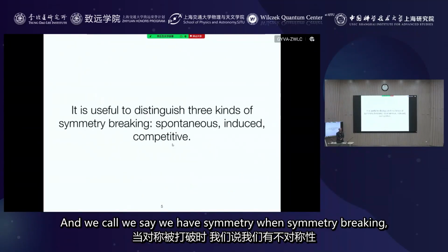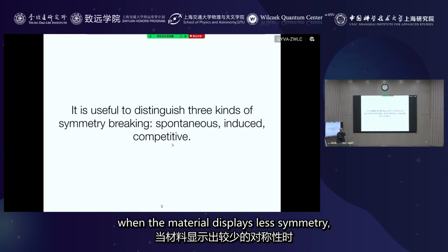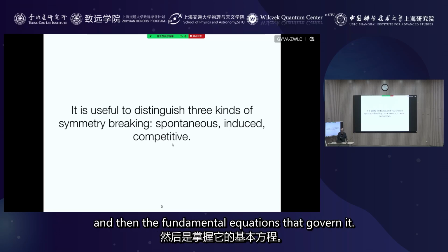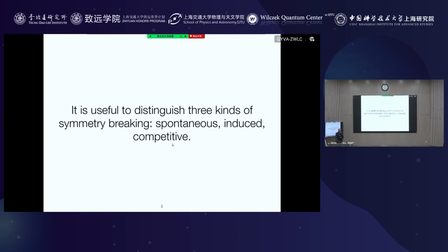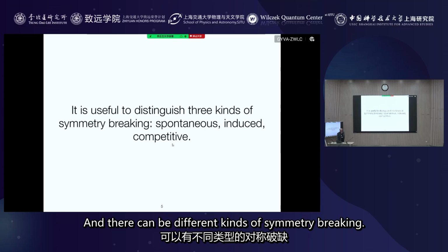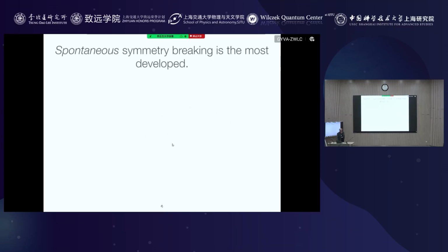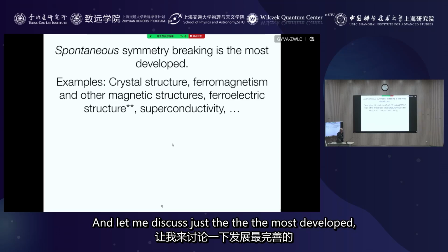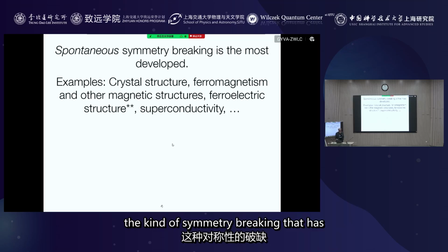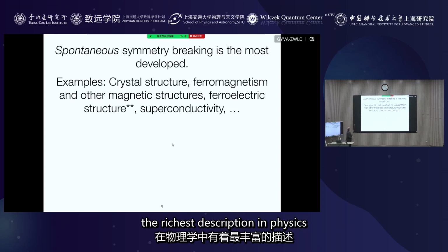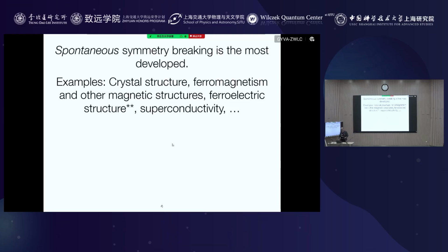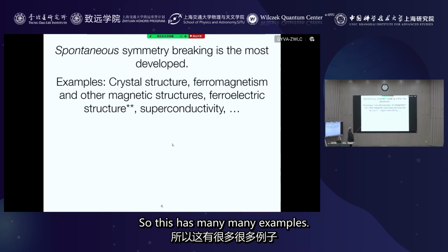And we say we have symmetry breaking in a material when the material displays less symmetry than the fundamental equations that govern it. And there can be different kinds of symmetry breaking. Let me discuss just the most developed, and the kind of symmetry breaking that has the richest description in physics. That's spontaneous symmetry breaking. So this has many, many examples.